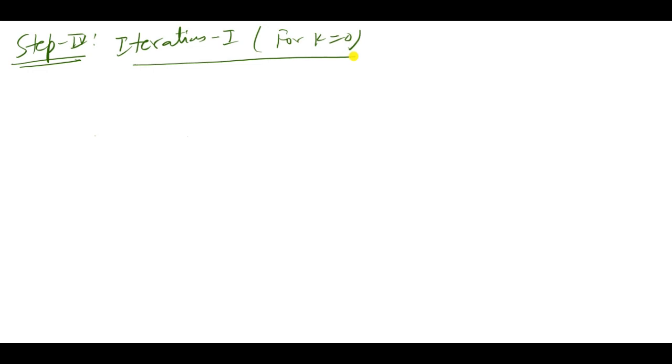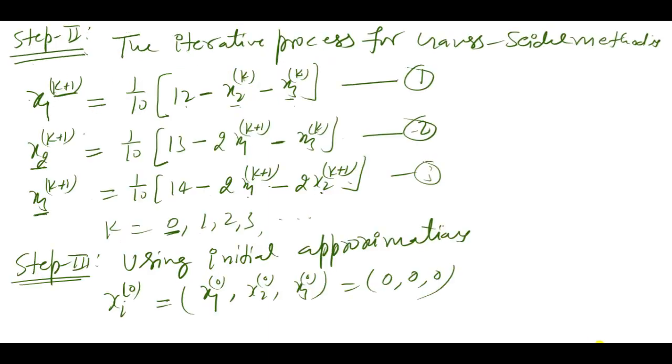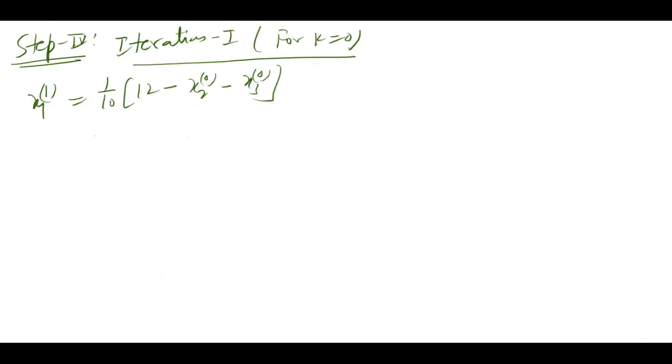When we put k is equal to 0 in equation 1, then we obtain x1^(1), and this will be 1 upon 10, 12 minus x2^(0) minus x3^(0), and here x2^(0), x3^(0) are given as 0, 0. So putting the values of x2^(0) and x3^(0) in this expression, it will be 1 upon 10, 12 minus 0 minus 0, and this value is 1.2 with the help of the calculator.